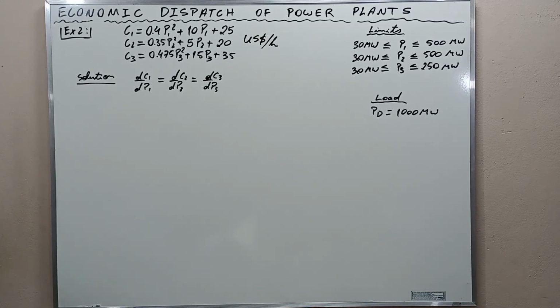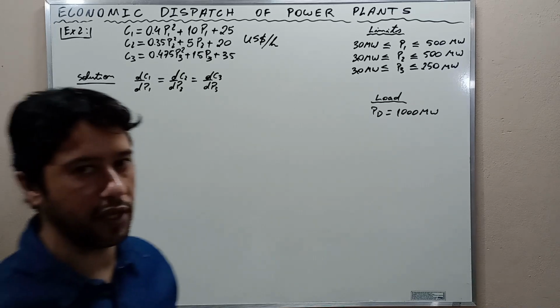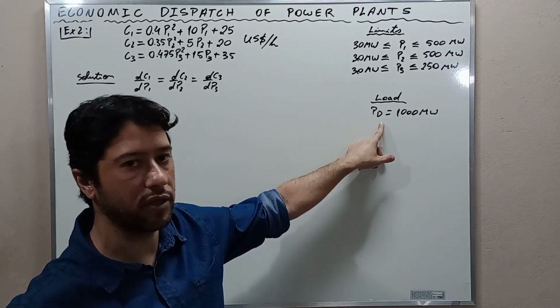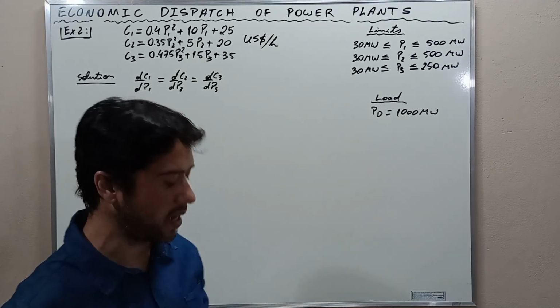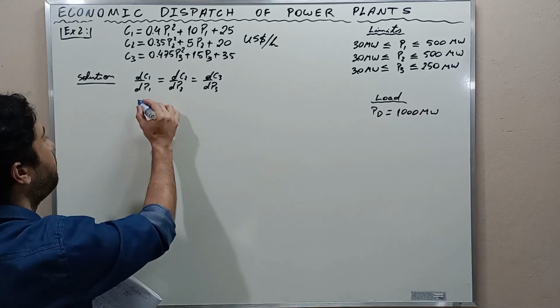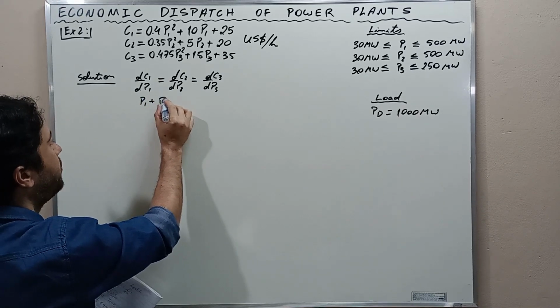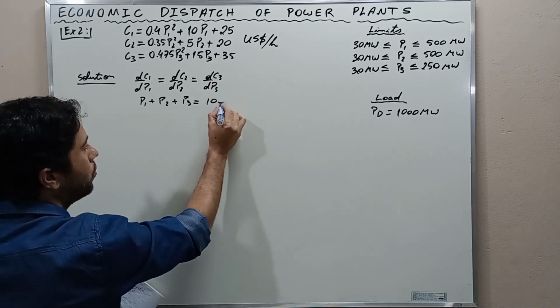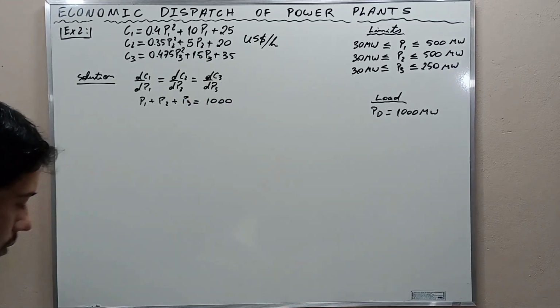Okay? This is the condition for optimal dispatch. And since the exercise stated that the load center has a demand of 1000 megawatts, P1 plus P2 plus P3 will be equal to 1000.